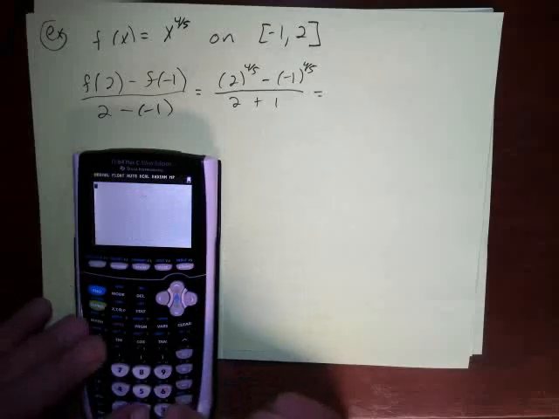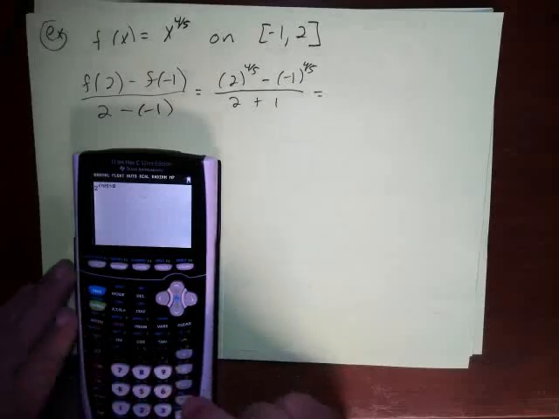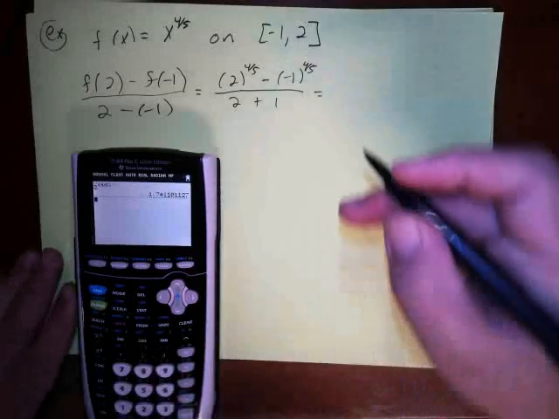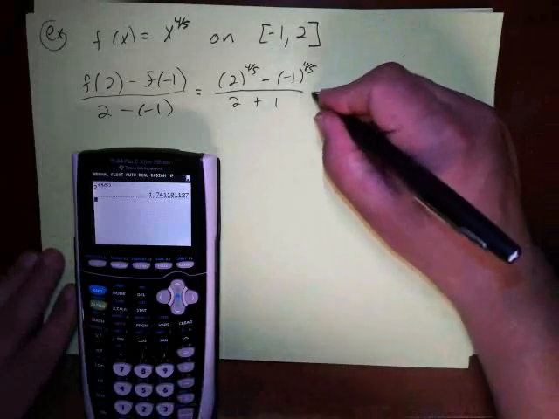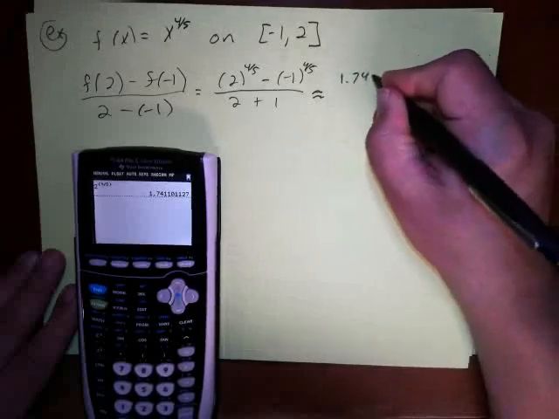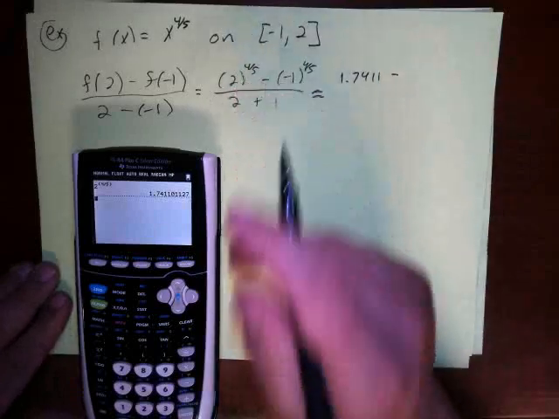So if I put in 2 to the 4/5, it's going to give me approximately 1.7411, and so on, because this is a root here.